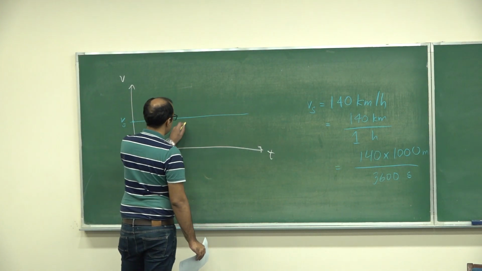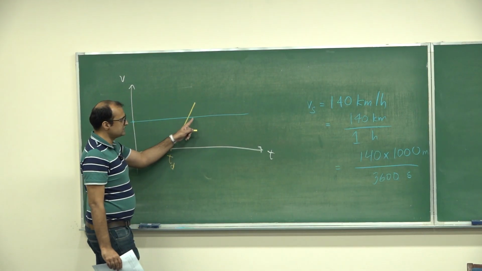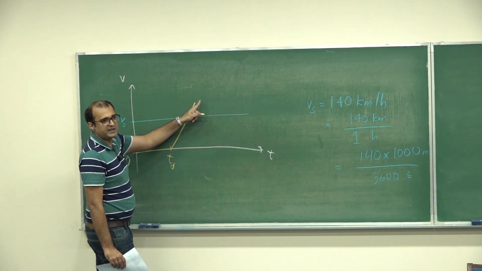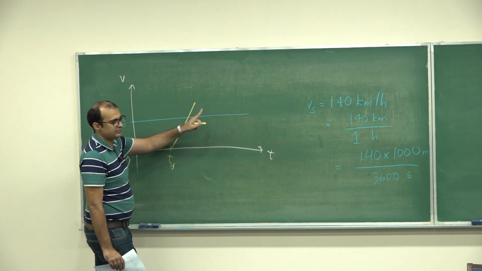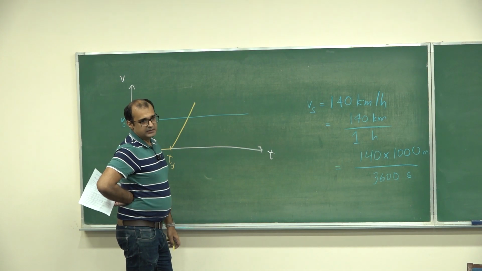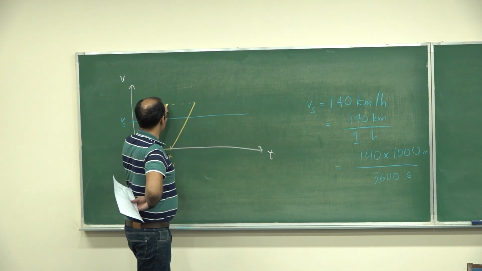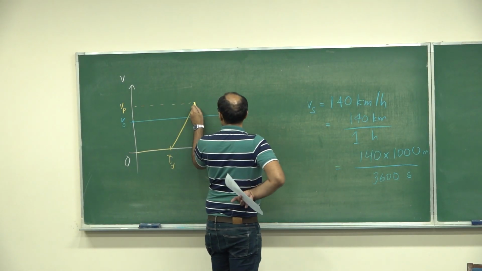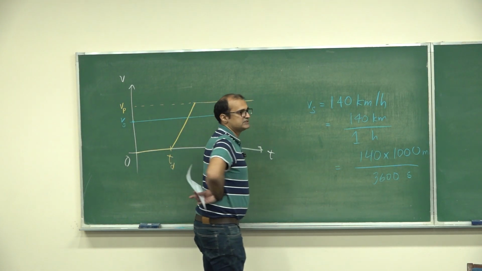So this is uniform acceleration. Its speed increases, so this goes up. We know that this goes beyond the blue line because the final speed of the policeman is greater than the speed of the person who's doing the overspeeding. Let's just call this Vp, and thereafter the speed of the policeman is constant.